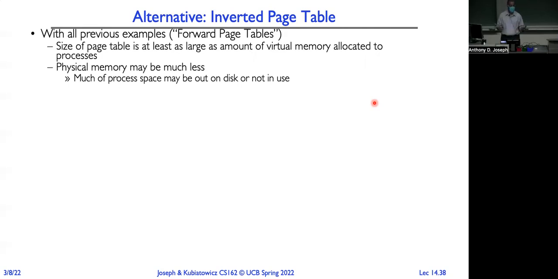If you look at a 64-bit machine with 64-bit pointers, that's a much, much, much larger virtual address space than the actual physical space. A machine might only have 64 gigabytes of memory. And so we've got this huge data structure for our mapping, and the actual pages that are in memory is much, much smaller. Most of our code and data and everything might be living out on disk.